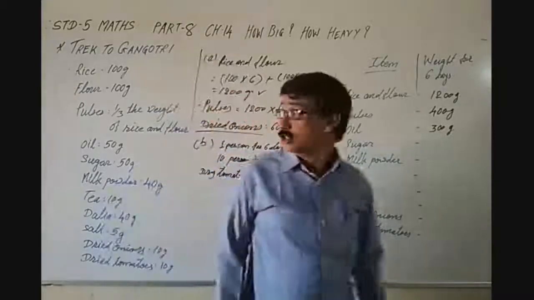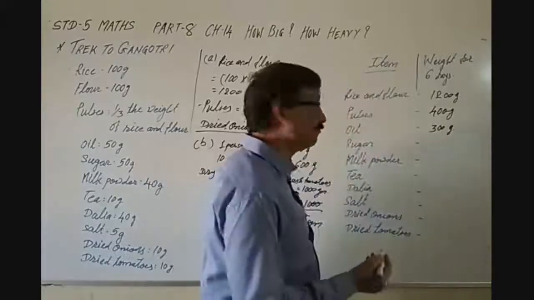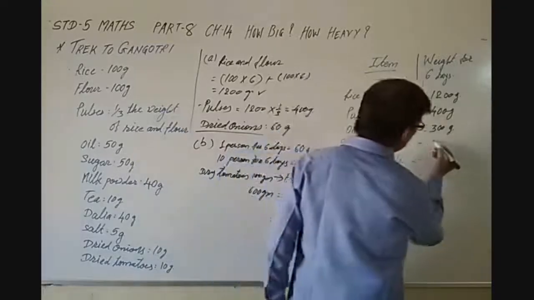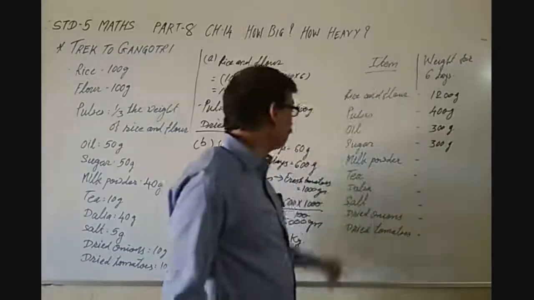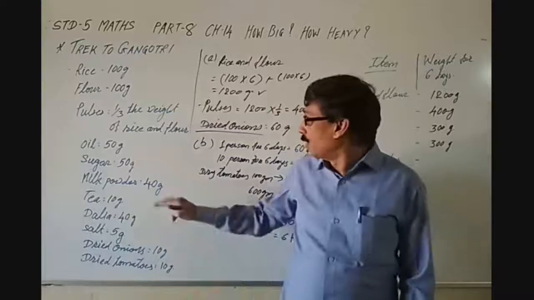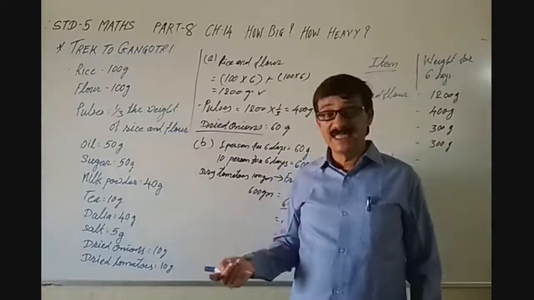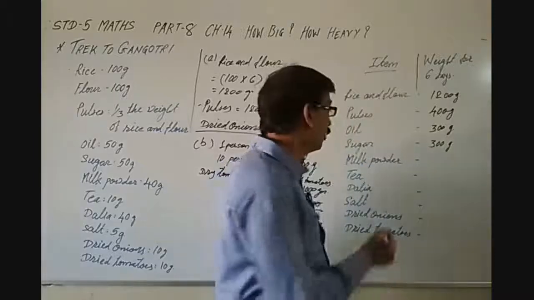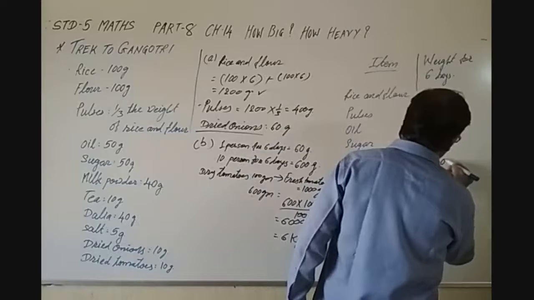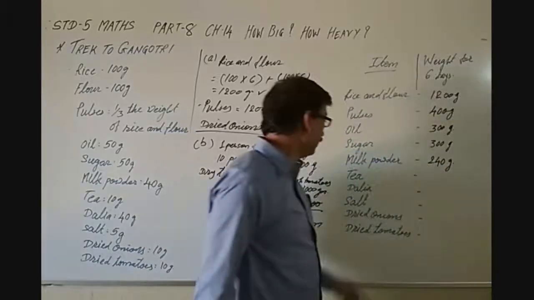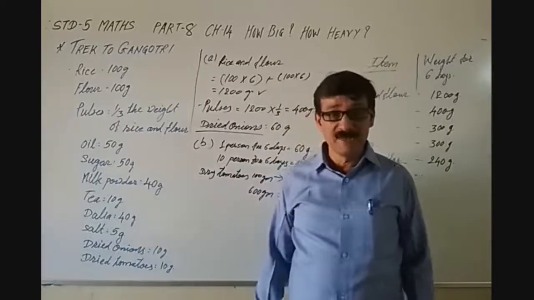Then sugar 50 gram. So once again it will be for 6 days 300 gram, isn't it? Then milk powder, for 1 day it requires 40 gram. So for 6 days, 6 4s are 24, 240 gram, isn't it? Then tea, that is tea powder. Tea is 10 gram.